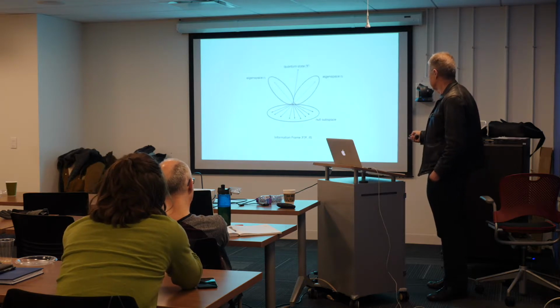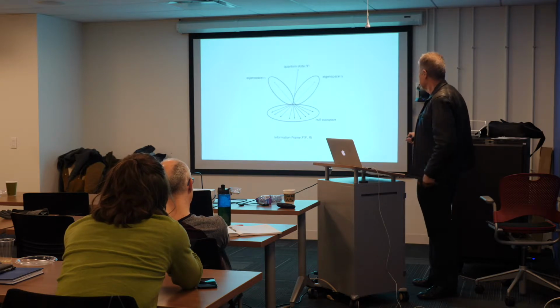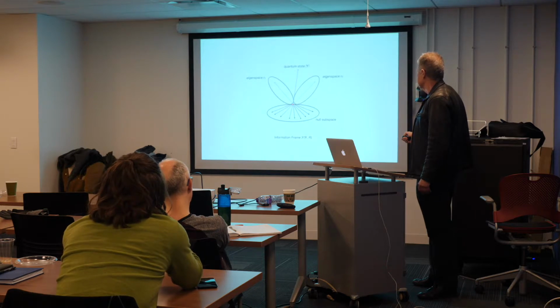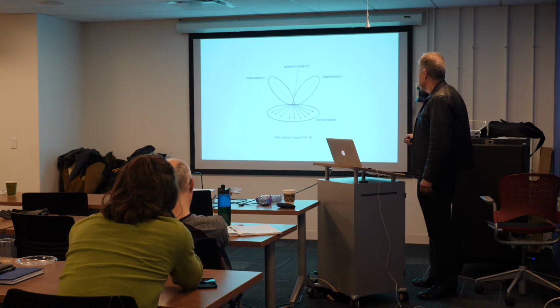Or if this is a partial Boolean algebra, suppose this is 3 dimensions, and I assign 1 to this guy. Then there are 2 other orthogonal rays in here to make up a Boolean algebra. So I'm going to have to assign 0 to this and 0 to this because it's orthogonal to this.